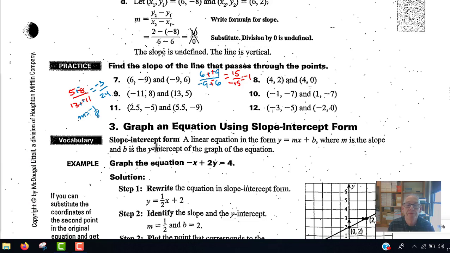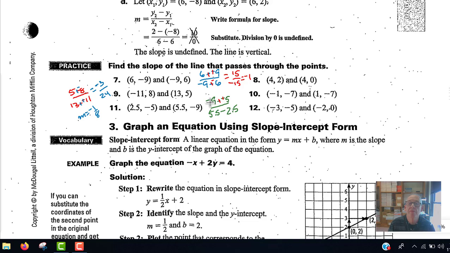Let's look at number 11. We've got -9 take away -5 over 5.5 take away 2.5. Now this take away -5 cancels the negatives, and it's the same thing as a +5.